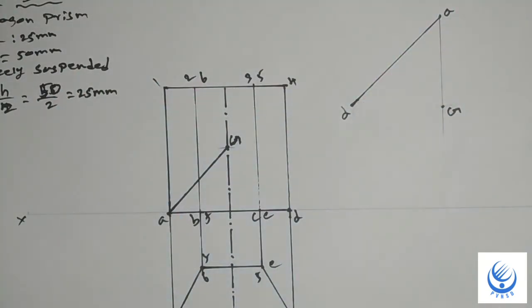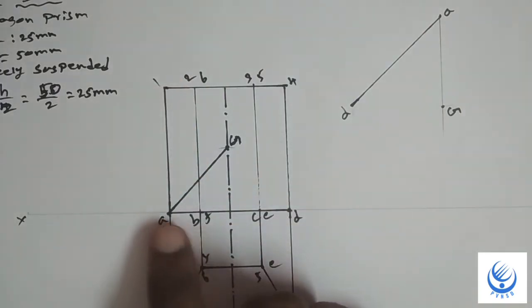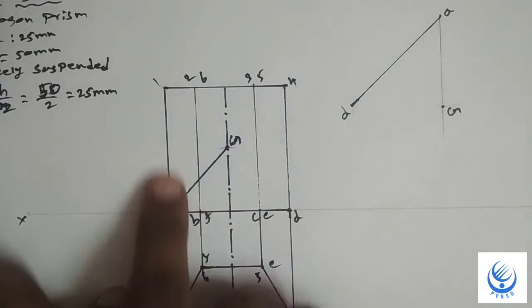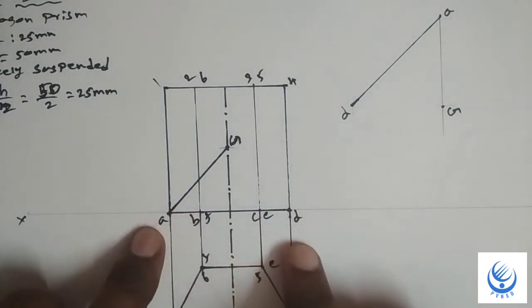The next step is to draw the lines. A to 1 is this line. This line is perpendicular to AB and AD.